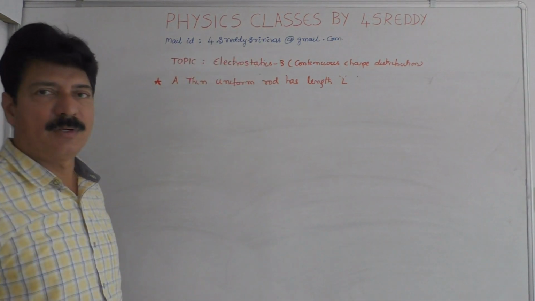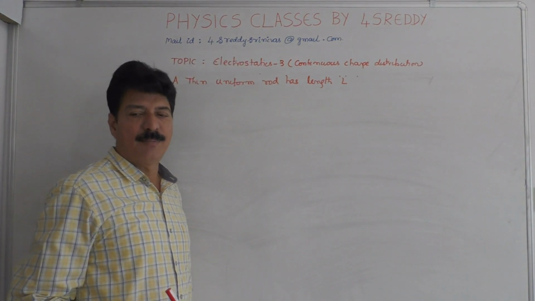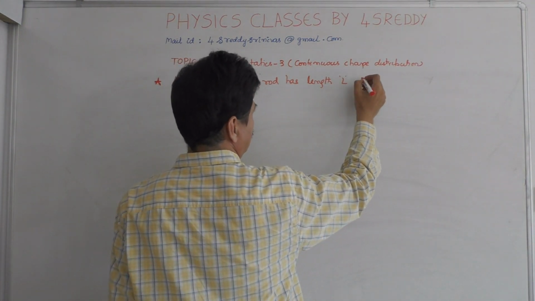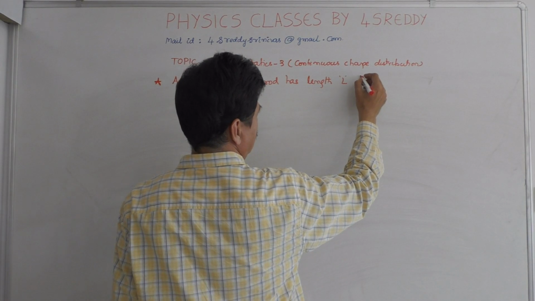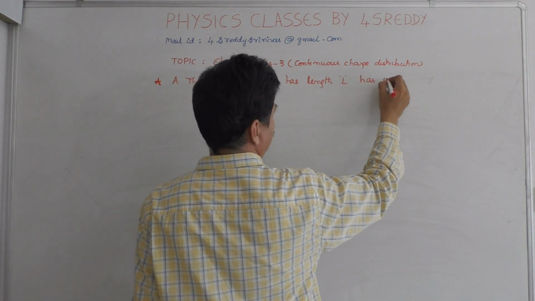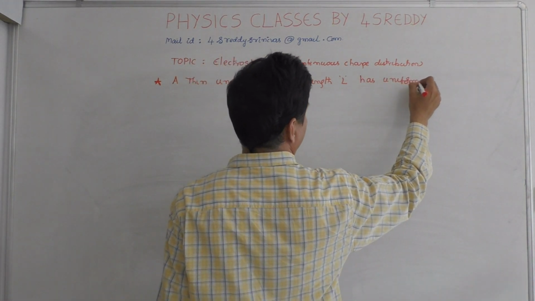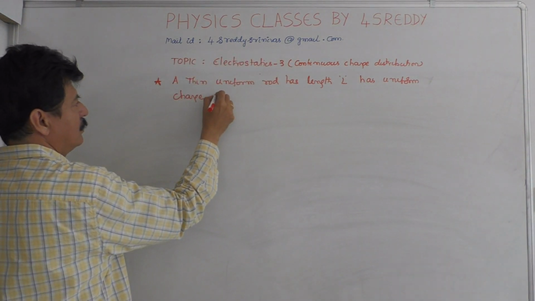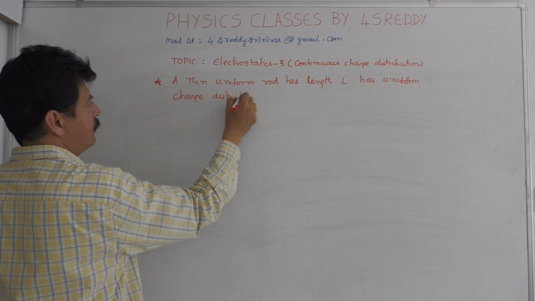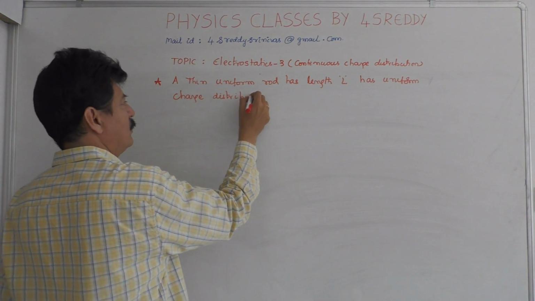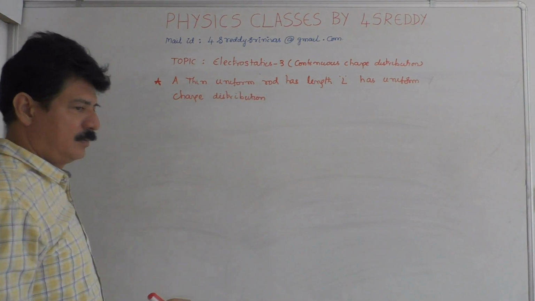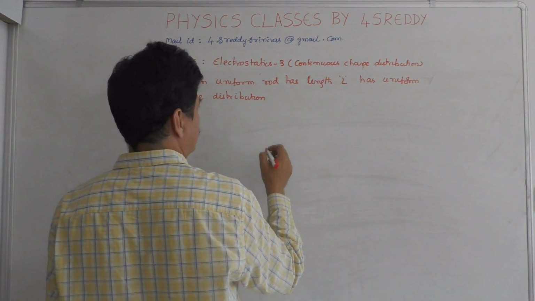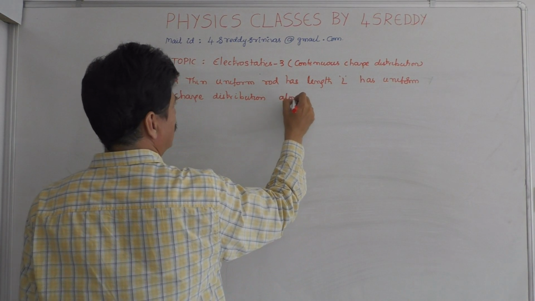A thin uniform rod has a length capital L, has uniform charge distribution along its length.